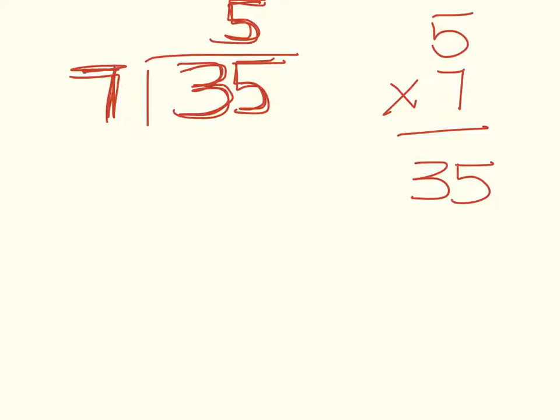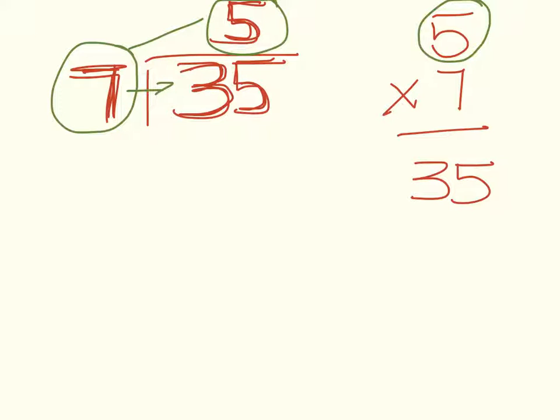So if we say quotient times divisor will equal the product, because just like here, quotient times divisor equals the product.